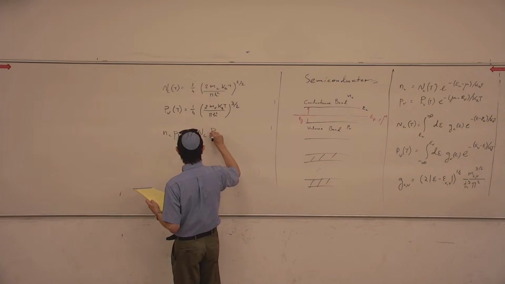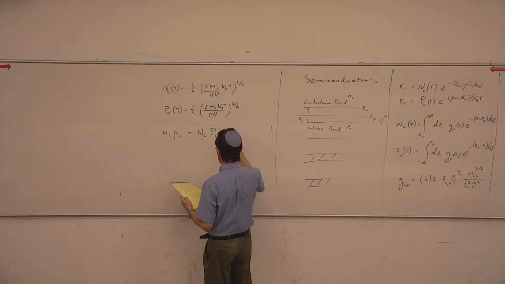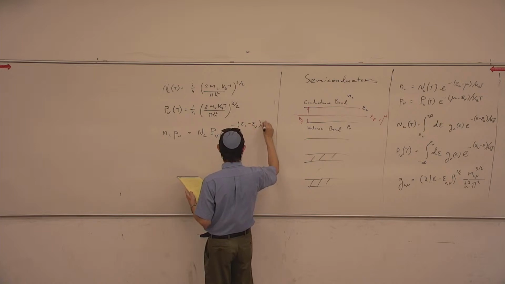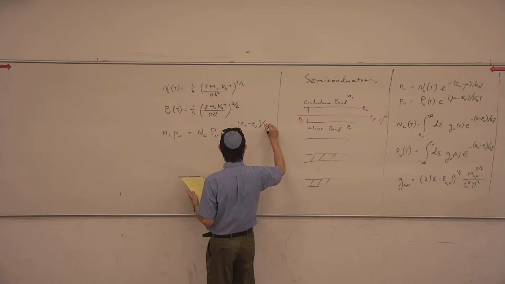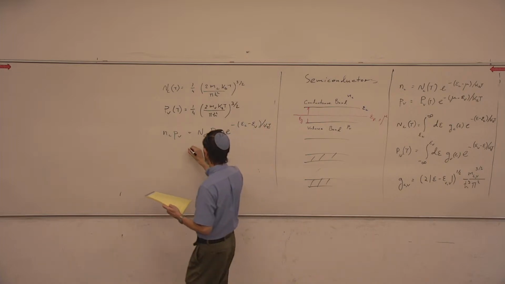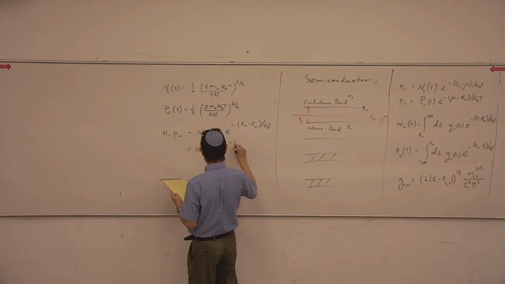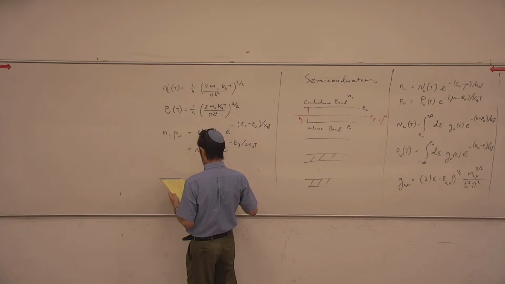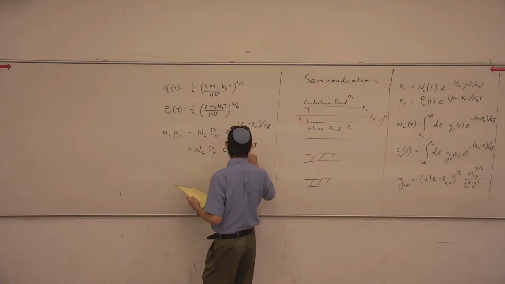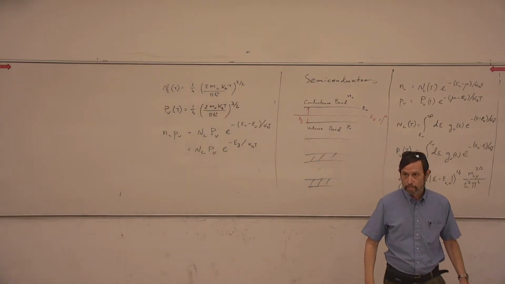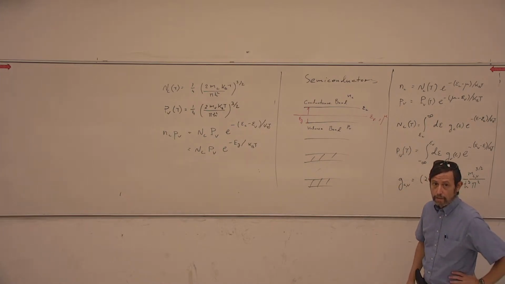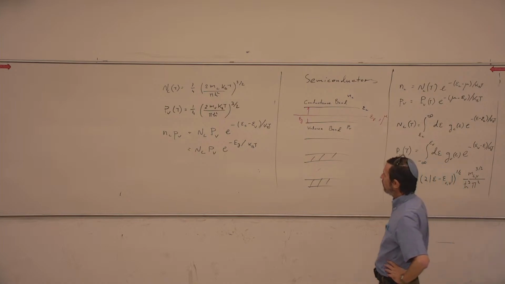It would be NC PV. Okay. But I know another thing.